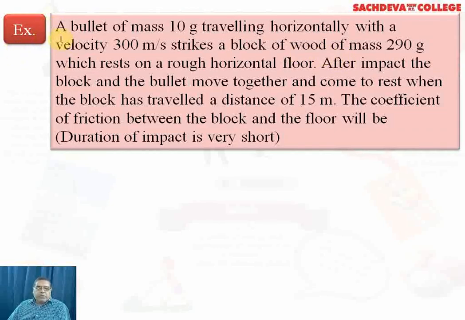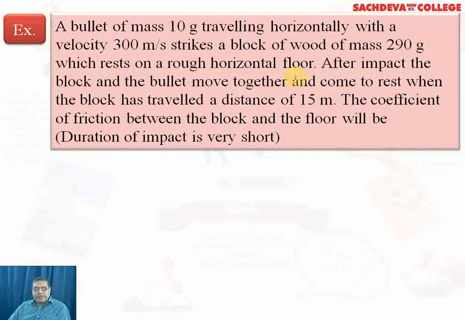Now we come to another example: a bullet of mass 10 grams traveling horizontally. It is moving in a horizontal plane and the velocity of projection is 300 meters per second, striking a block made of wood. The mass of the wooden block is 290 grams, which rests on a rough horizontal floor.